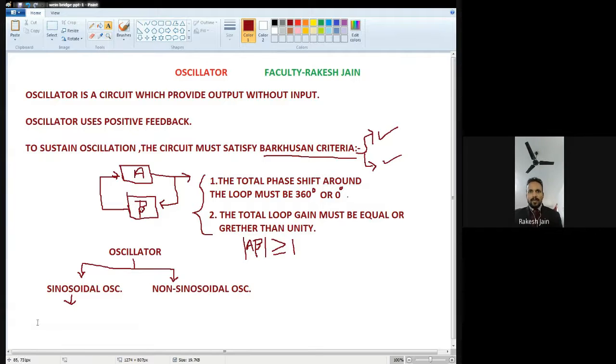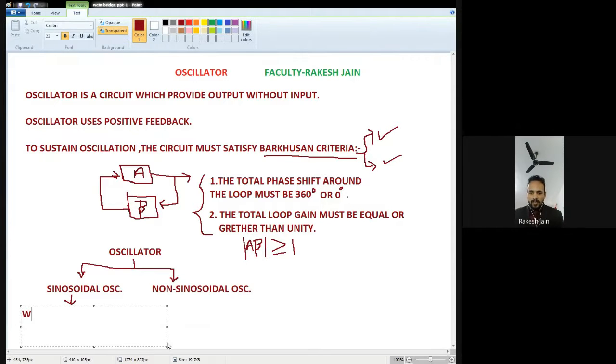Here we just write them directly as names. There are different kinds of sinusoidal oscillators like Wein bridge, RC phase shift, Hartley, Colpitt's, tuned collector, crystal oscillator, etc. These are different kinds of sinusoidal oscillator.